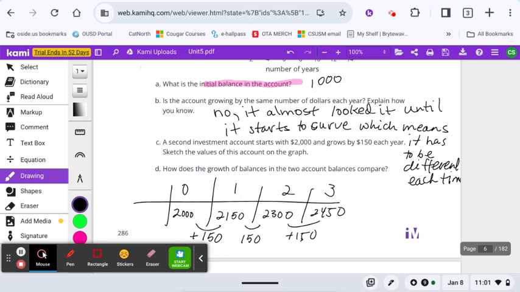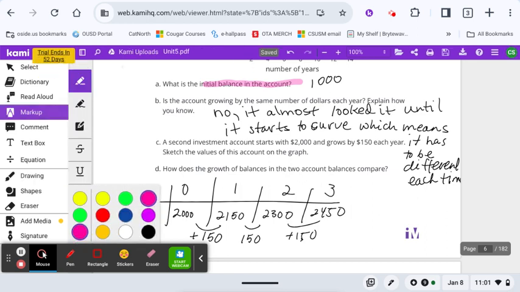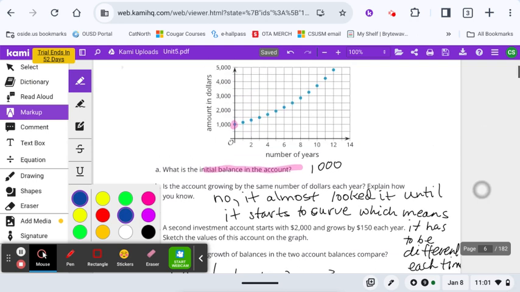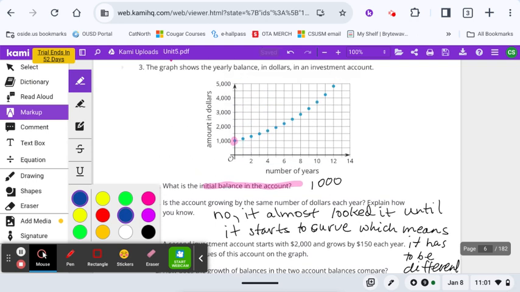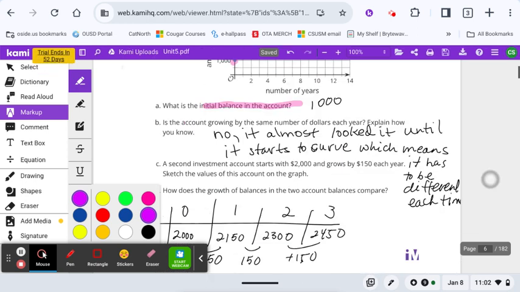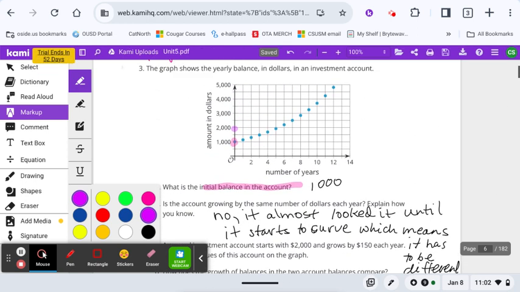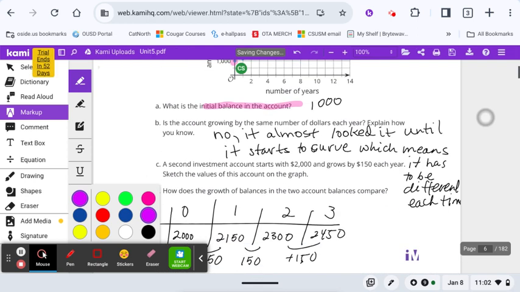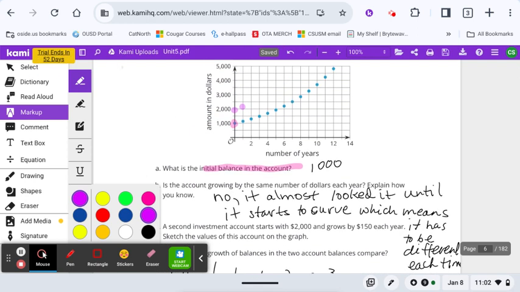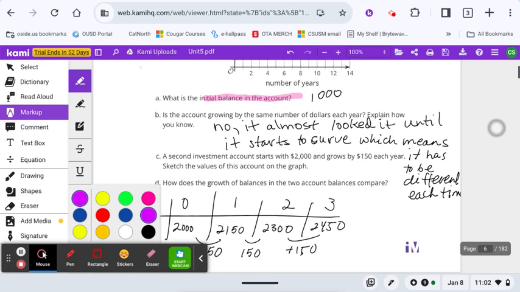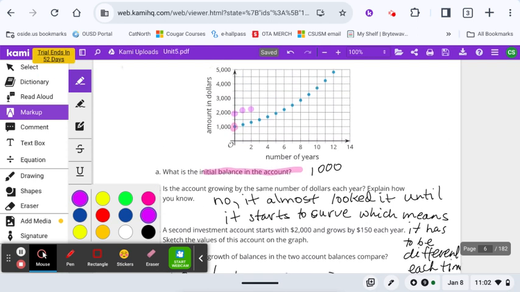but let's go graph some of these dots. So 0, 2,000. Oh, let's not use the same color. It's going to start somewhere like right there. 1, 2,150. Somewhere like right there. 2, 2,300. 3, 2,450.